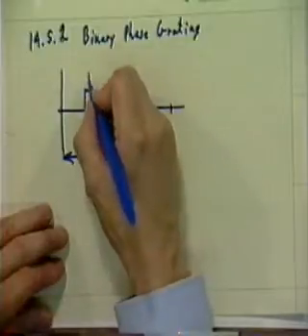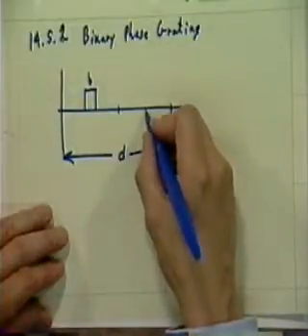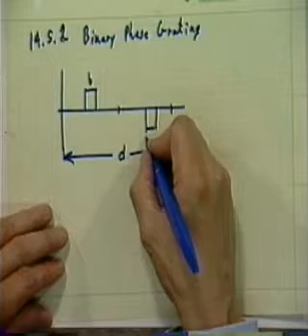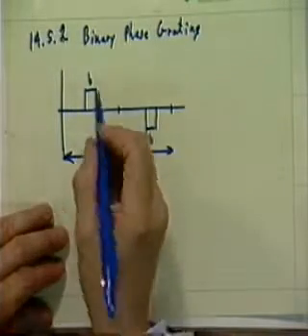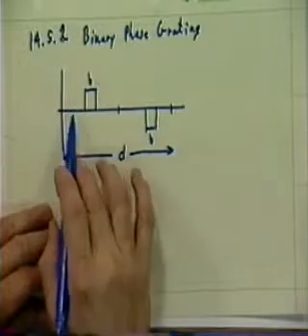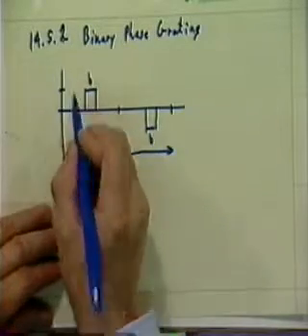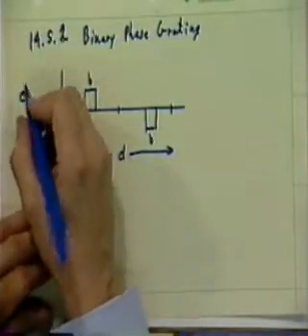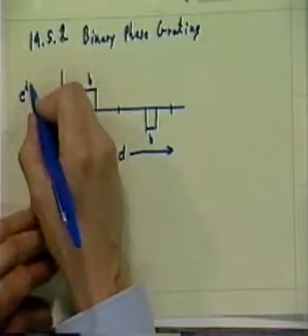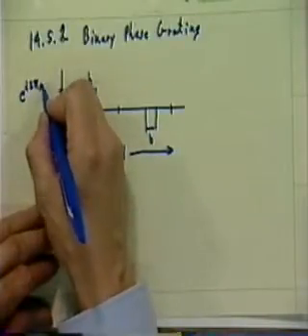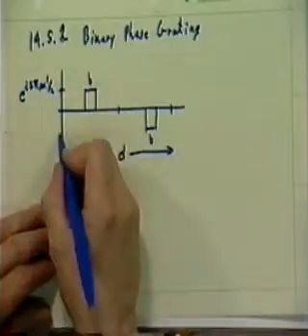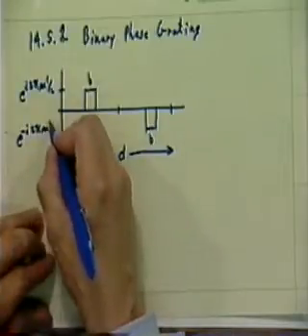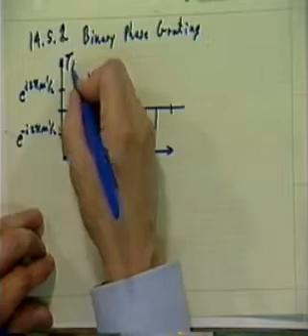One opening of width B up here, and the other opening of the same width B, and opaque every place else. And we'll write the transmission functions: e to the i 2 pi m prime over 2, and e to the minus i 2 pi m prime over 2. So this is our amplitude transmission function.